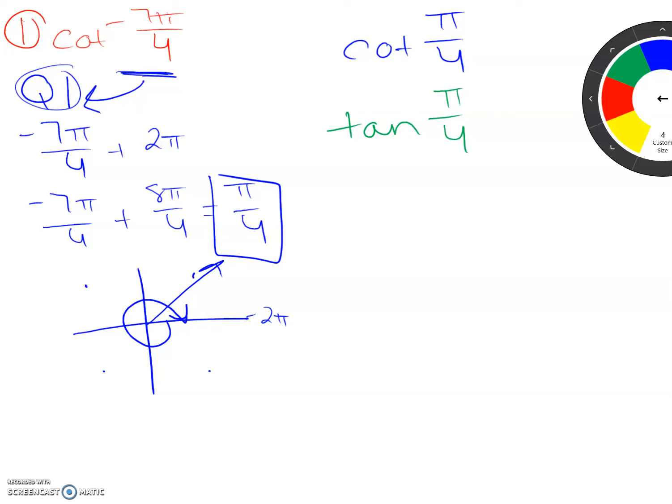So tangent is y over x. Denominators match, so y's numerator is root 2, x's numerator is root 2, so tangent's 1. Therefore, cotangent's the reciprocal of 1, which is 1. Okay? So that is number 1.